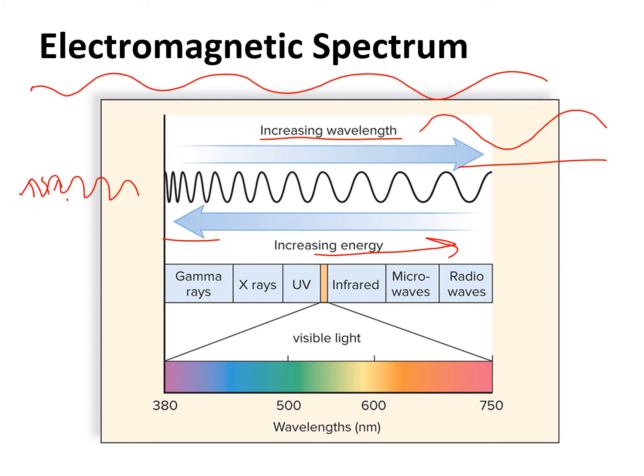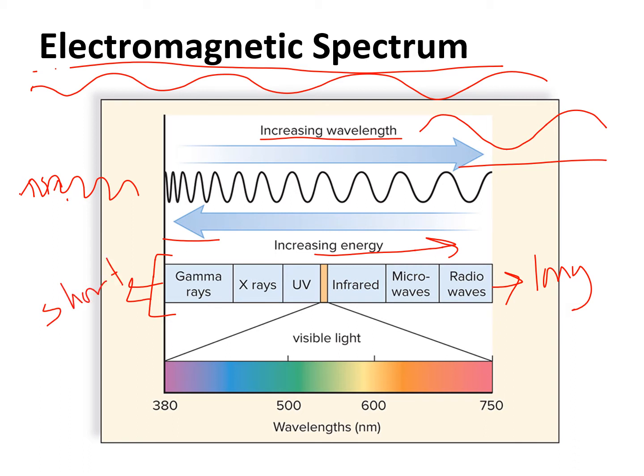Now, all the photons we know with all the different wavelengths that we can observe, we have put them together into the electromagnetic spectrum. And this is the electromagnetic spectrum, and it organizes the waves or the photons by wavelength. So over here are the longest wavelengths, and over here are the shortest.